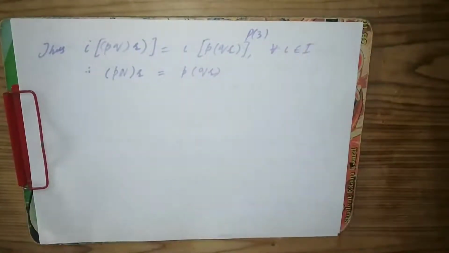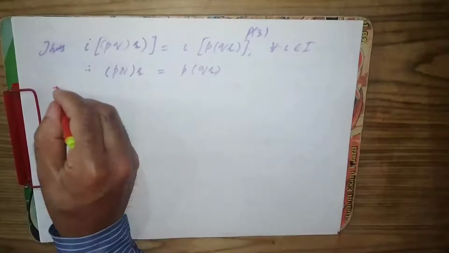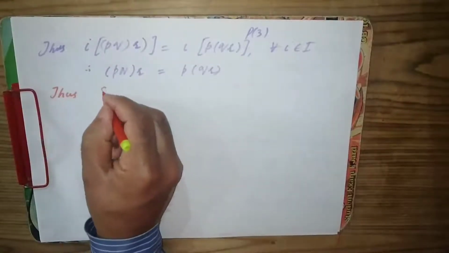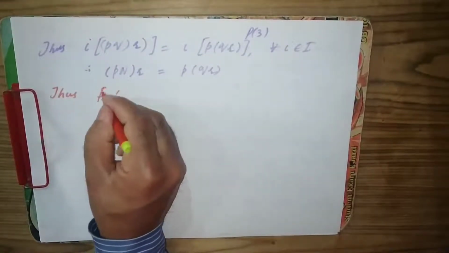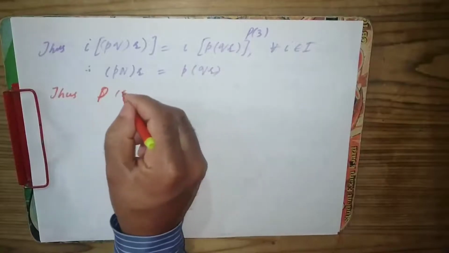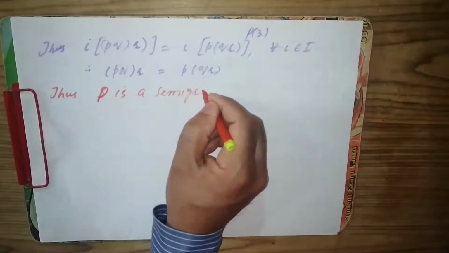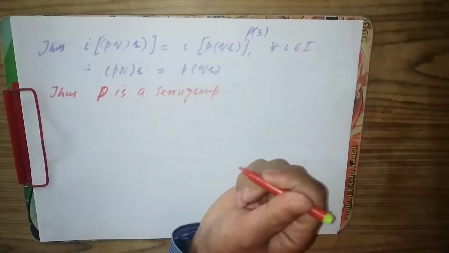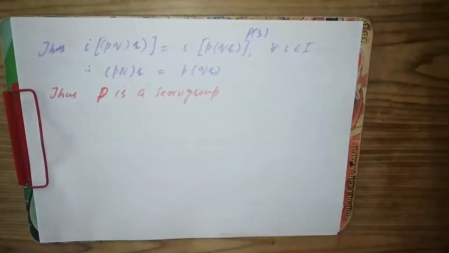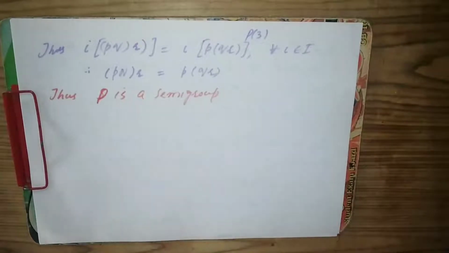So that means, thus P is a semigroup. Now we illustrate this product for a finite indexed set I.